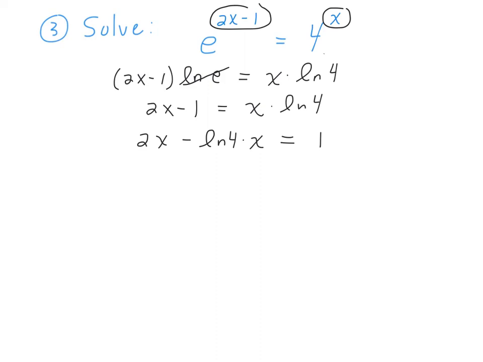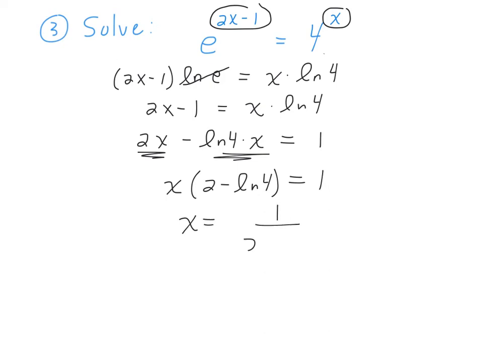Well, from there, if I look at my x terms, I could take out a GCF of x. I'm left with 2 minus the natural log of 4 equals 1. And then from there, divide over, and we have 1 over 2 minus ln of 4 for our final answer.